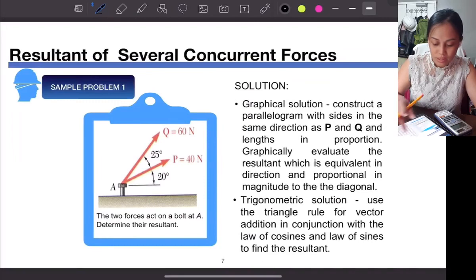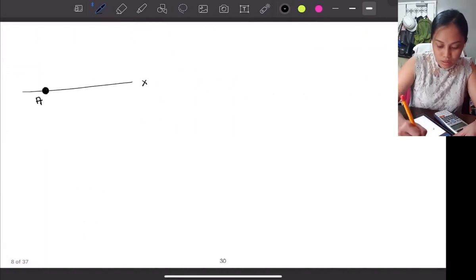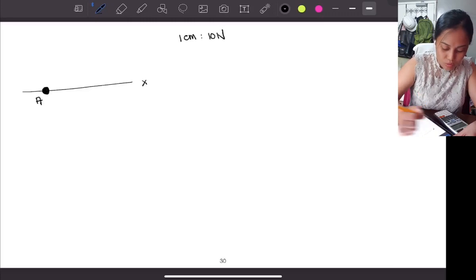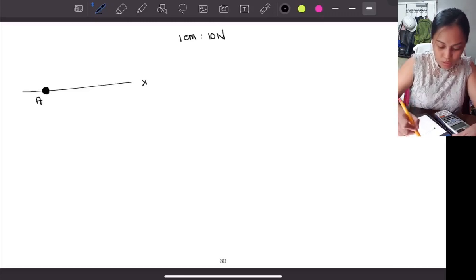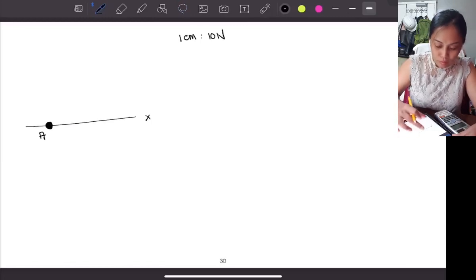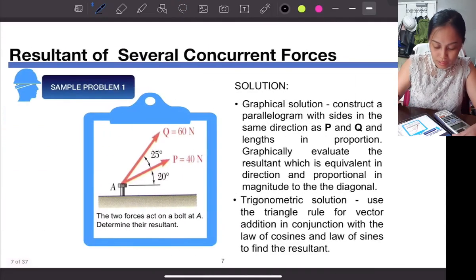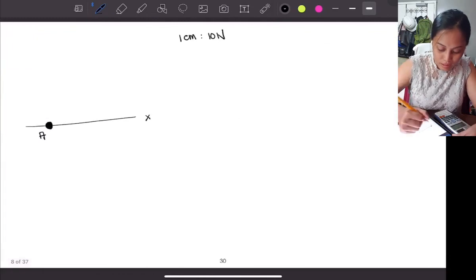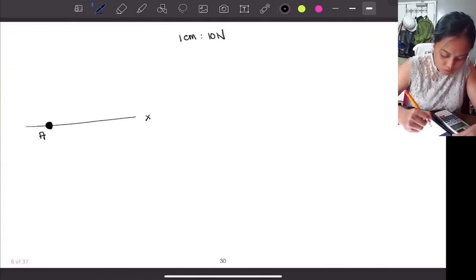Say we assume 1 cm is to 10 newtons. Measure on your graphing paper 4 cm at an angle of 20 degrees.